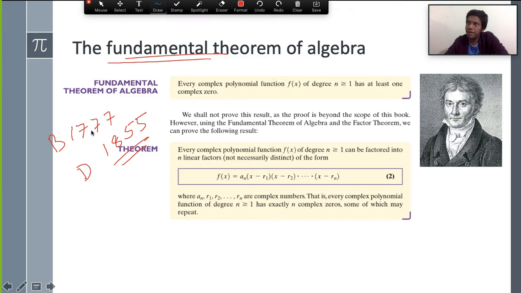You'll be like, oh my God, after all these years and after all these lessons, now we are seeing the fundamental theorem. There are fundamental theorems in many other fields also. If you go to undergraduate studies, you will see the fundamental theorem in calculus also.